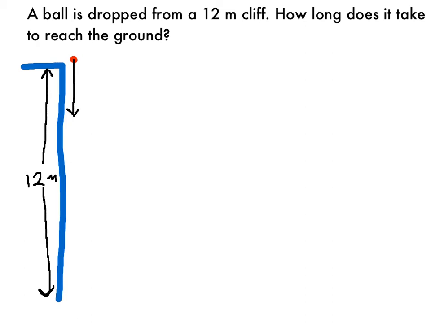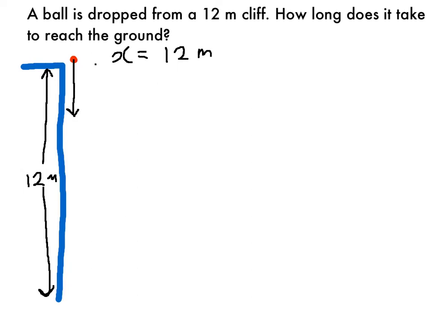So here's an example to start off with. We're standing at the top of a 12-metre cliff, and a ball is dropped vertically down 12 metres, and we're asked to find how long it takes to reach the bottom. So as with all our SUVAT equations, what we're going to do first is list the things that we know. We know that x is 12 metres.